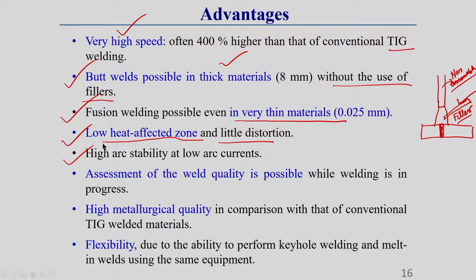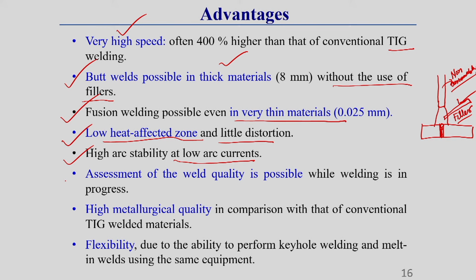Then it has high arc stability at low arc current, and as this welding process takes place using shielding gases, we can see the arc of this welding process. There is no coverage of the weld pool by flux or other things, so the weld pool as well as the arc is well visible.